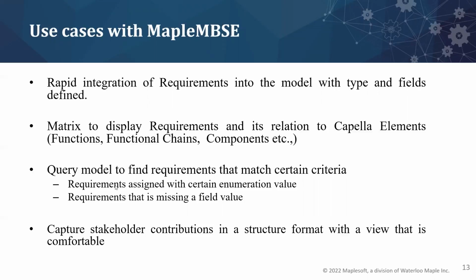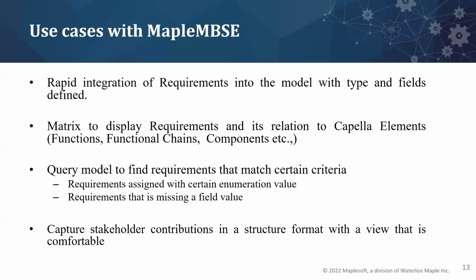And like the last worksheet that we discussed, you'll be able to query the model to find information about certain requirements that match your query criteria. Like you could search the whole model to find requirements that are assigned a certain enumeration type. For example, you can get a list of requirements that have the status as pending.